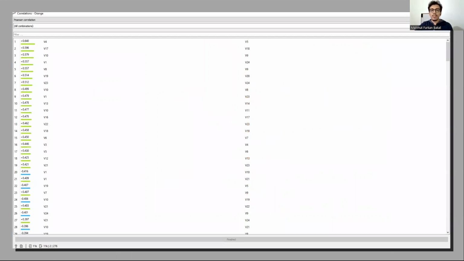And now you'll see the correlation between our features, between our sensors. The correlations you see here are related to the position of the sensors relative to each other. As you can see, there is a high correlation between the sensors that are next to each other or in opposite directions.